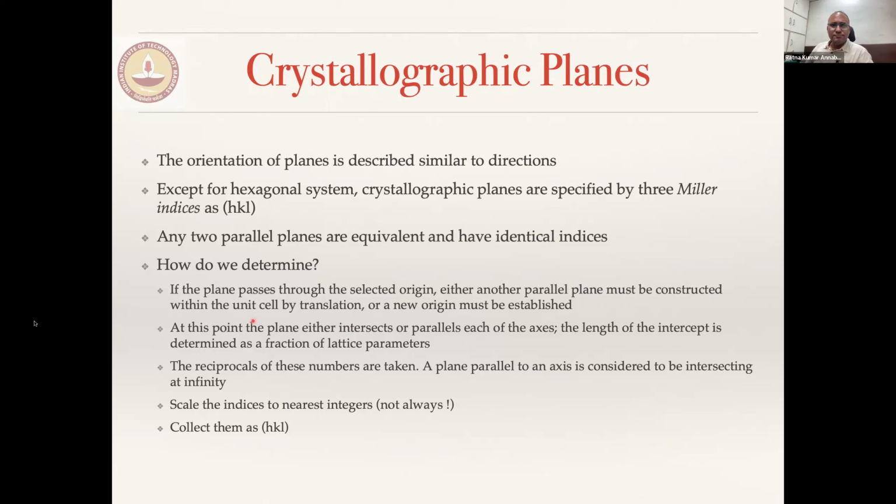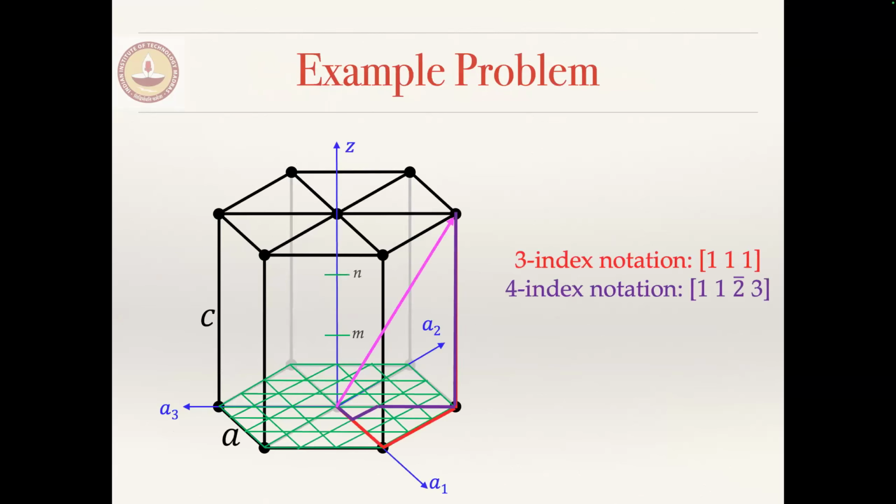Is that fine? Yes, sir. One query. Sir, for these crystallographic directions and indices, based on the examples that you have shown, which are basically cubic and HCP, I'm understanding it will not be possible in triclinic. Am I right?